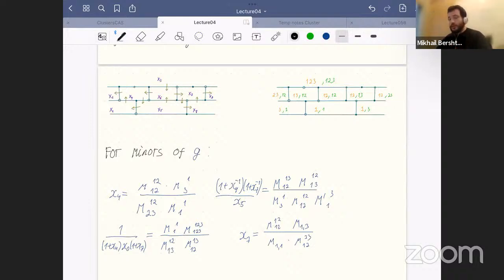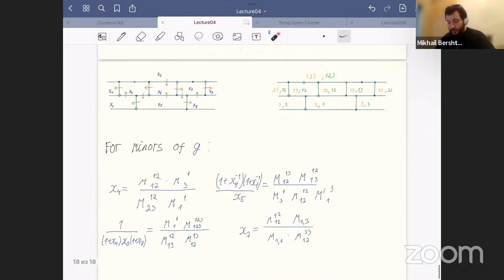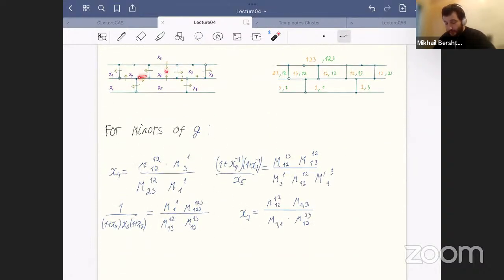So you see that these are not monomials, these are not the original x variables, but actually these variables are related to the original x4, x5, x6, x7. But you see we have denominators, so 1 plus x4 and 1 plus x7.